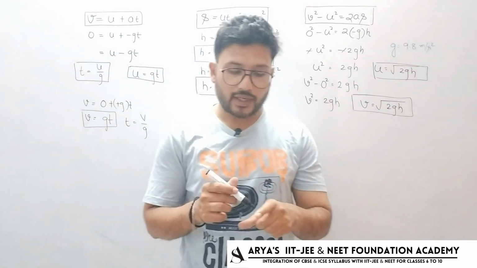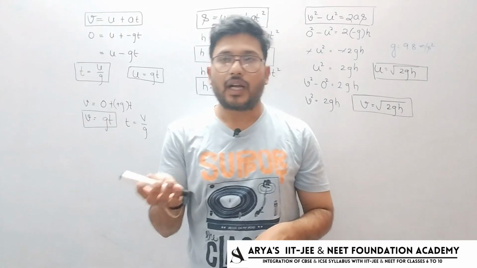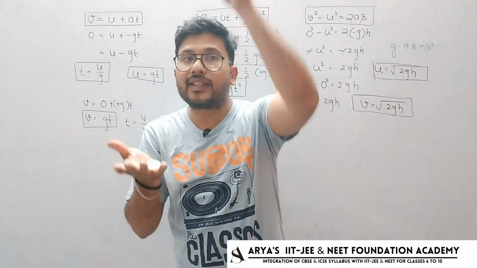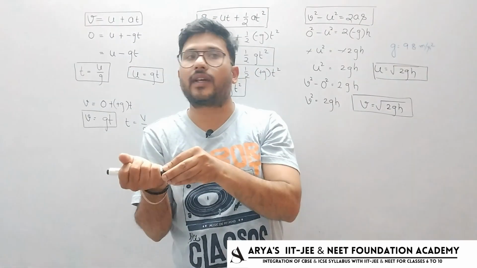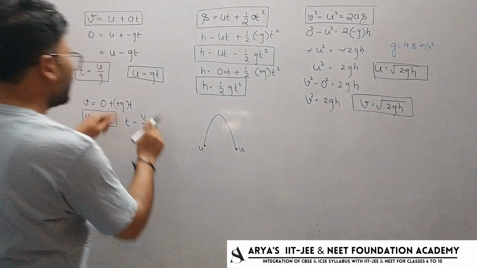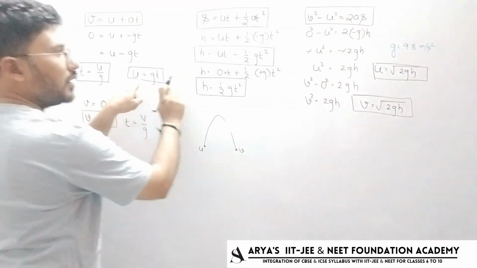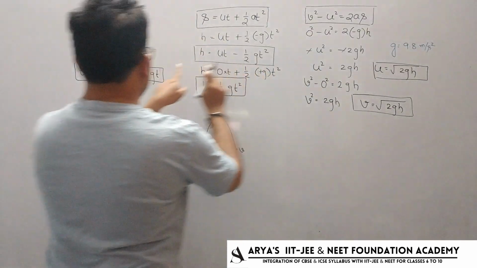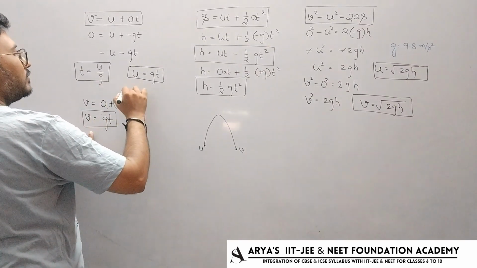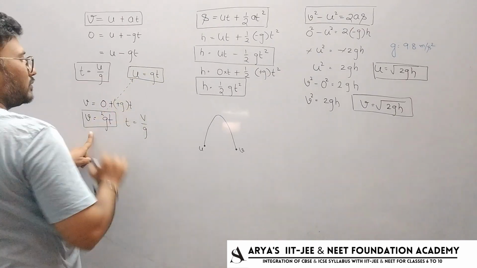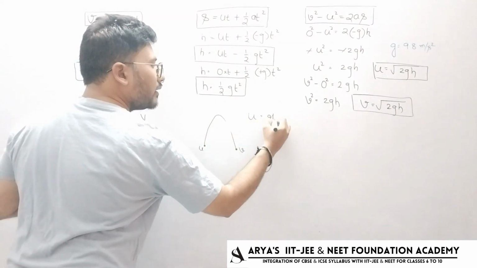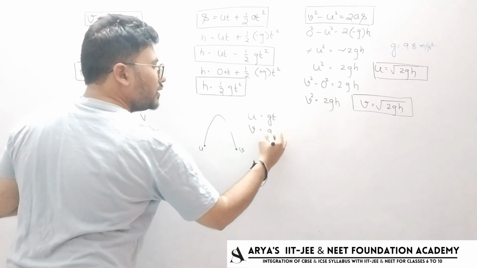Means if you are throwing some object, with what velocity you are throwing, with the same velocity it will touch your hand. Proof is this. What is U value? GT. What is V value? See here, both are same, na? U value is GT. V value is GT.